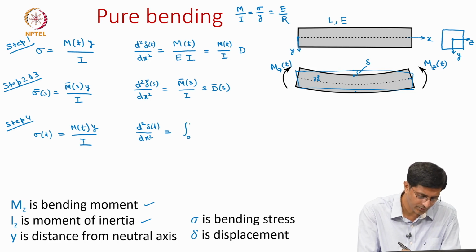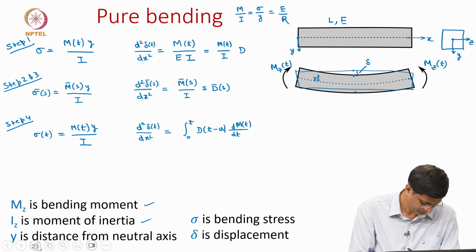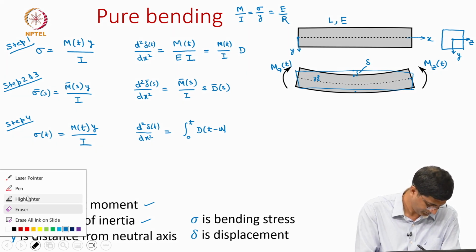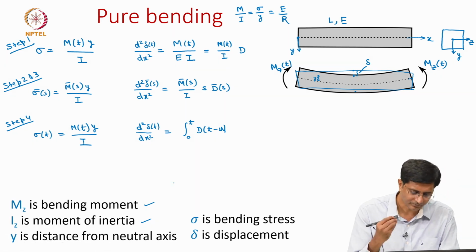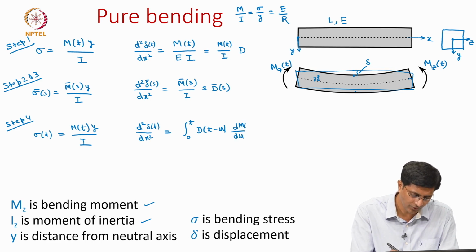So, integral 0 to t, D of t minus u, times d by du of M of u.